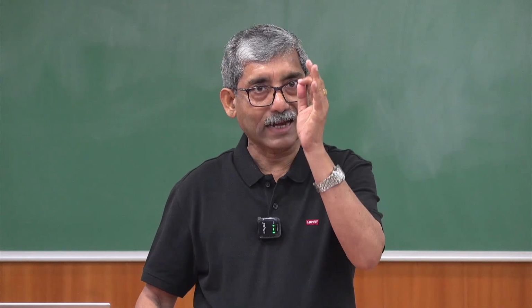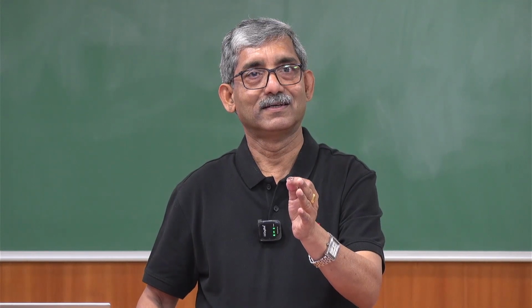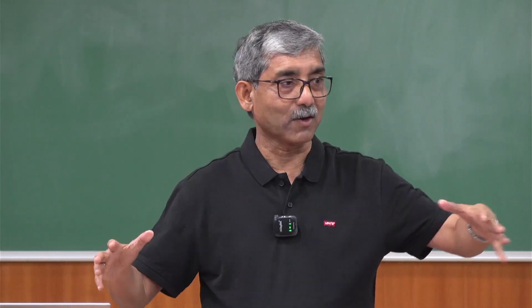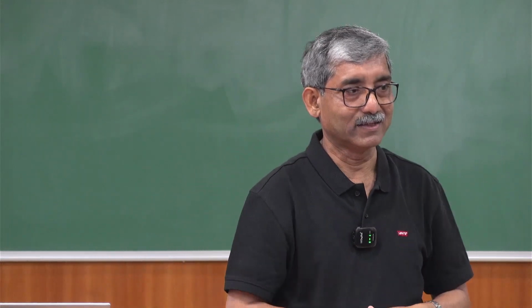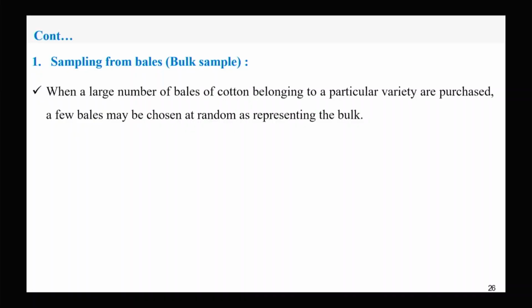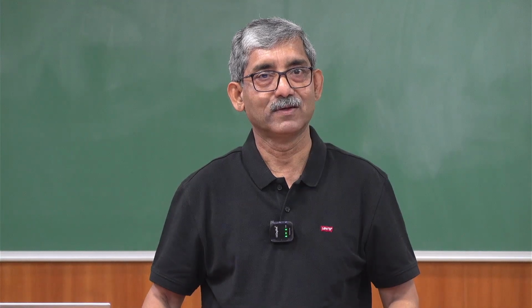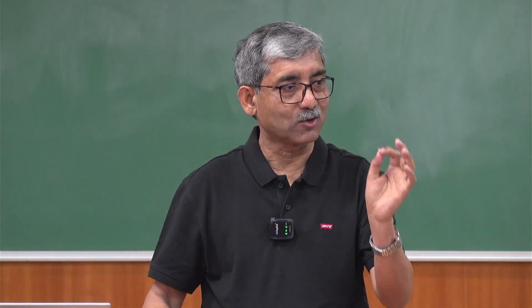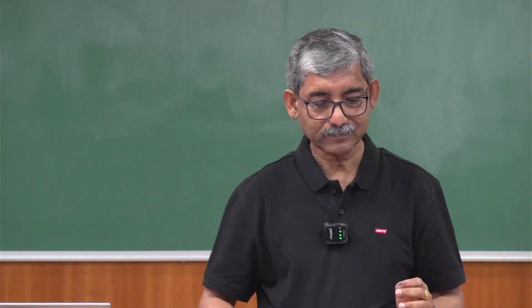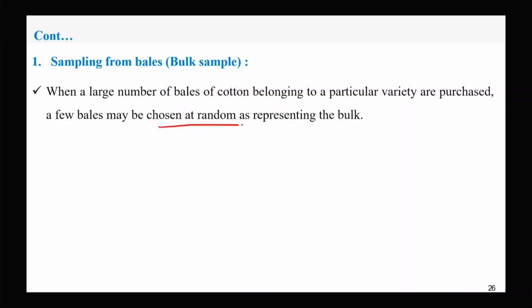Now there are guidelines when a large number of bales are there. So we have got say 200 bales. A few bales are to be chosen at random. Again, which bale has to be selected? We will again use random numbers, random sampling.